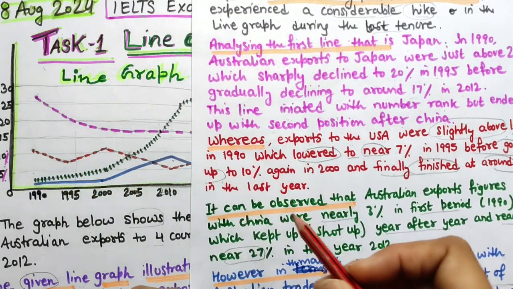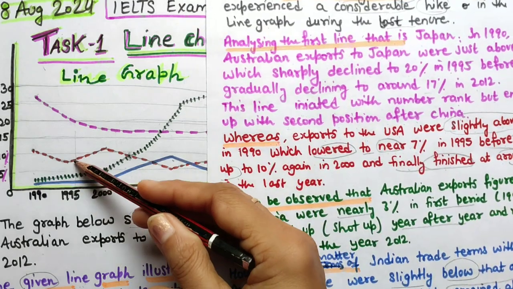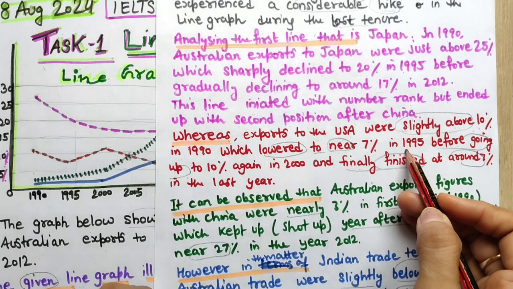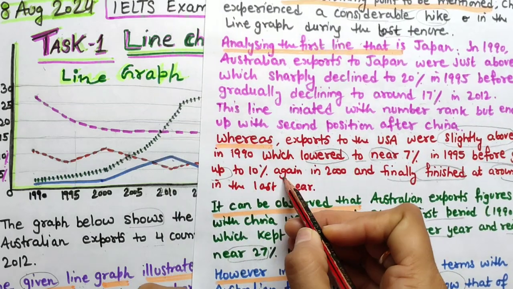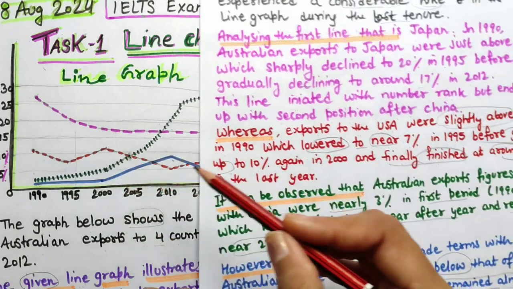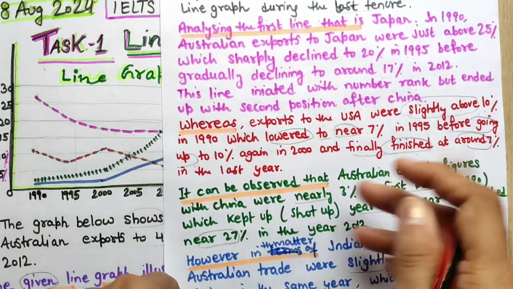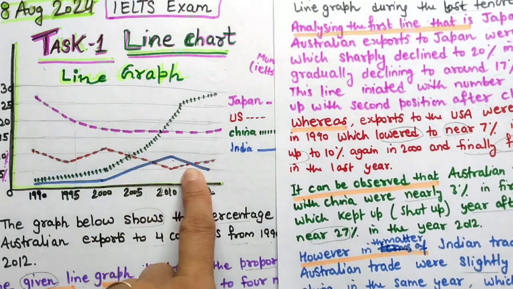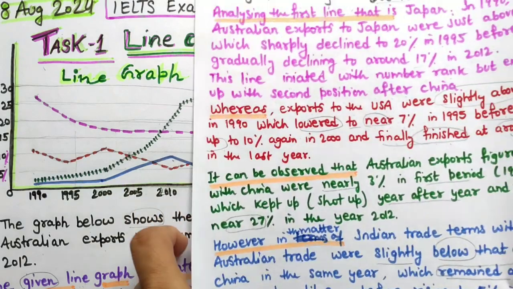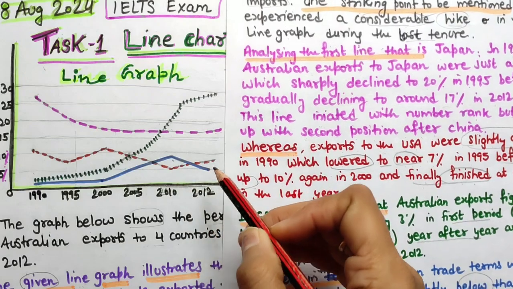In 1990, which lowered to near 7% in 1995 before going up to 10% again in 2000, and finally finished at around 7% in the last year. So I have simply explained the lines here.